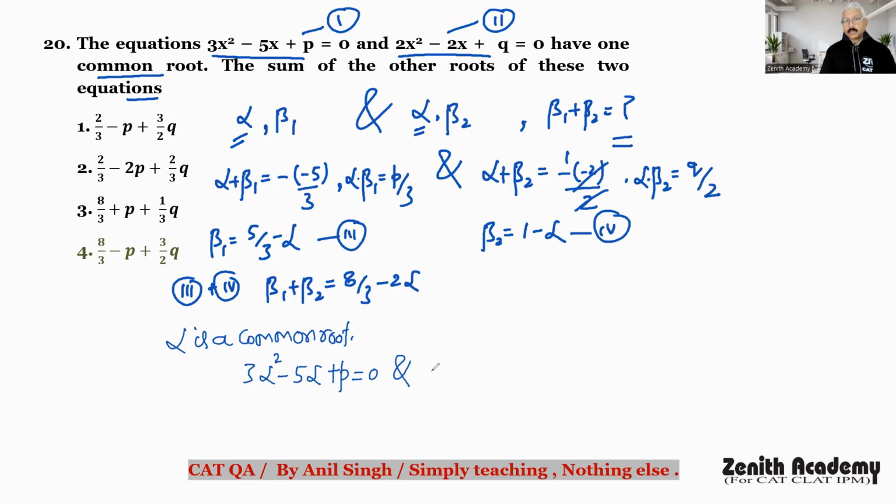And the other equation is 2 alpha square minus 2 alpha plus q equal to 0. Means these two equations can be written as 3 alpha square minus 5 alpha plus p is equal to 2 alpha square minus 2 alpha plus q.